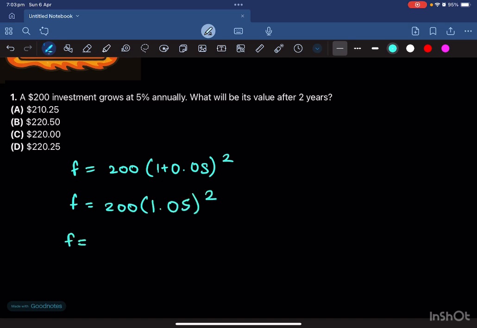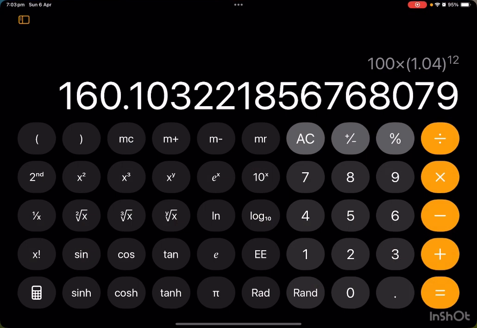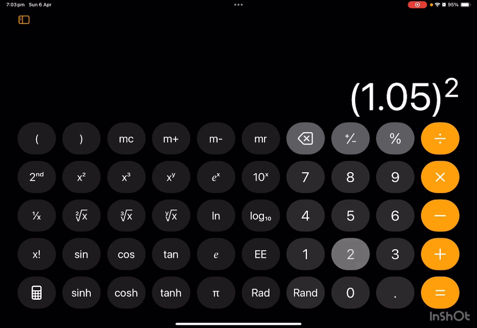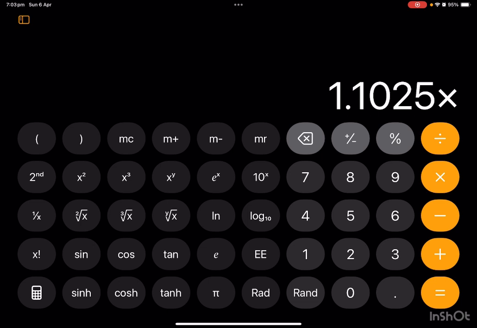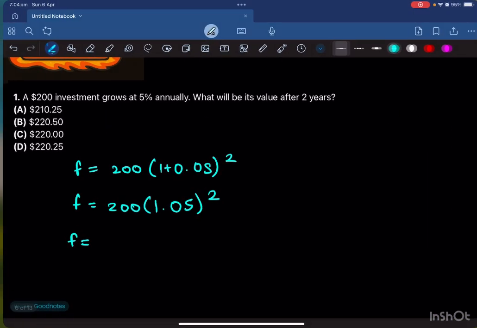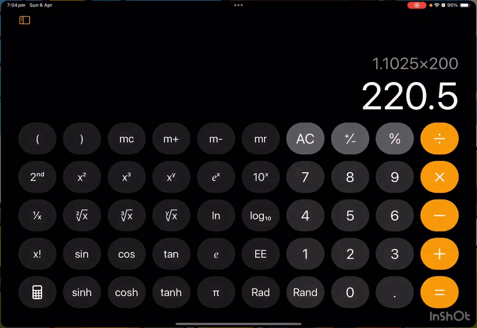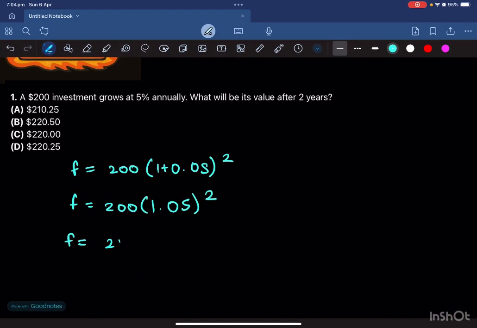So what is 1.05 squared times 200? It's giving around 220.5, and it's our final answer, option B.